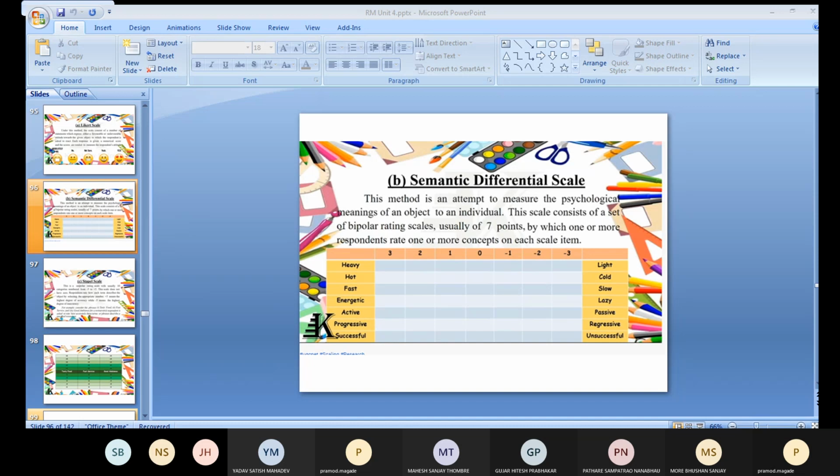Can anybody tell me any other example related to this same semantic case?